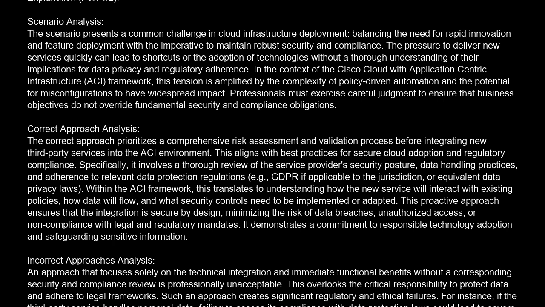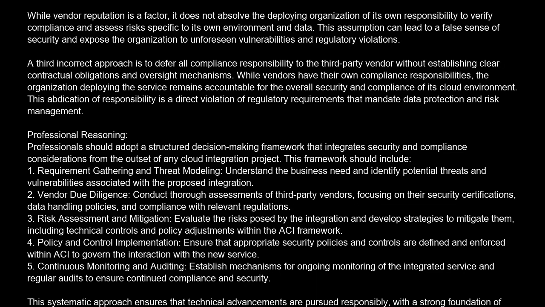Another incorrect approach is to assume that the third-party service is inherently compliant simply because it is a reputable vendor. A vendor's reputation is a factor. It does not absolve the deploying organization of its own responsibility to verify compliance and assess risks specific to its own environment and data. This assumption can lead to a false sense of security and expose the organization to unforeseen vulnerabilities and regulatory violations. A third incorrect approach is to defer all compliance responsibility to the third-party vendor without establishing clear contractual obligations and oversight mechanisms.